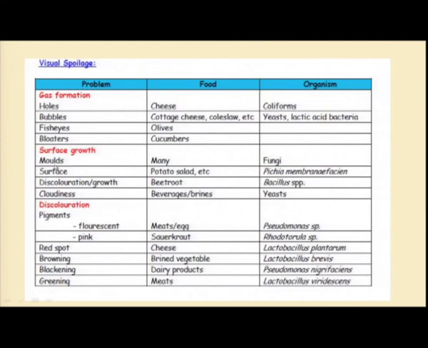In the case of brined vegetables, you will have blackening or browning. In dairy products, you see blackening. These are the visual evidences indicating that the food has started getting spoiled, that it has started having microbial growth, and you possibly would have some sort of damage happening to the food concerned.